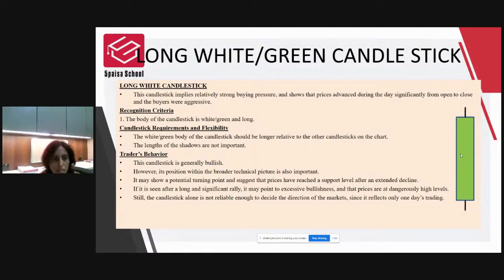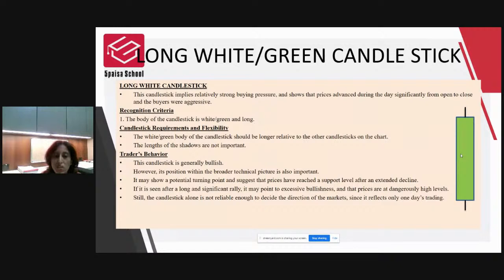However, its position within the broad technical picture is important because it may show a potential turning point and suggest that prices have reached a support level after an extended decline. Very important.